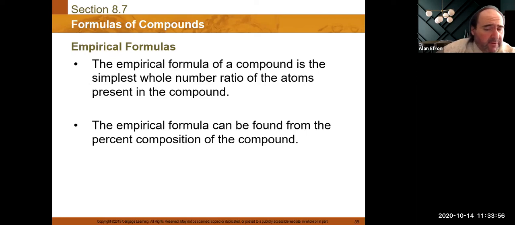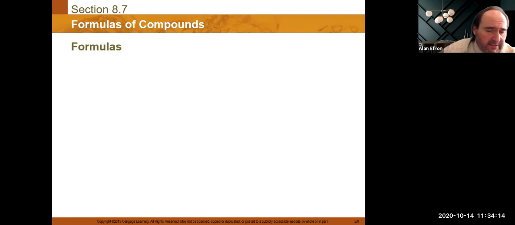Empirical formulas are usually found by percent composition of the compound, and usually you're given the percent composition. A lot of times we assume 100% or 100 grams because that makes all the numbers the same. Empirical formulas are often the formulas we find experimentally, because you can figure out the simplest ratio that's coming together.